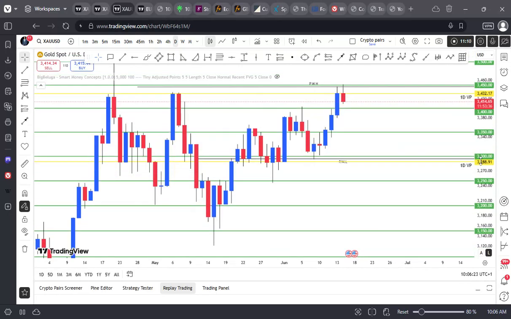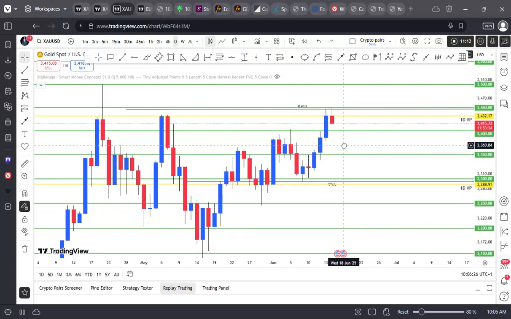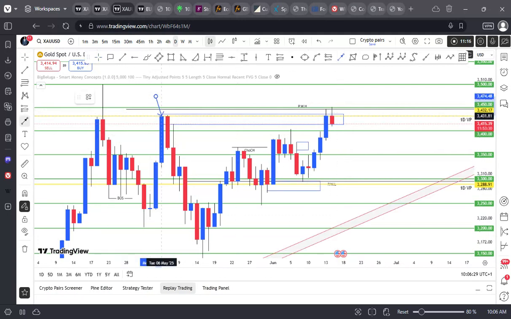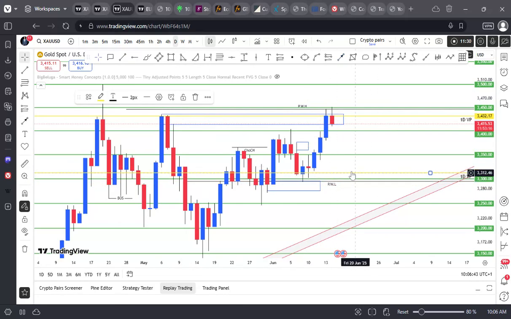So this is the daily time frame over here. This is daily supply over here. This is the highest candle, the all-time high, 3,500. So this is daily supply. Then this is the current daily demand over here.